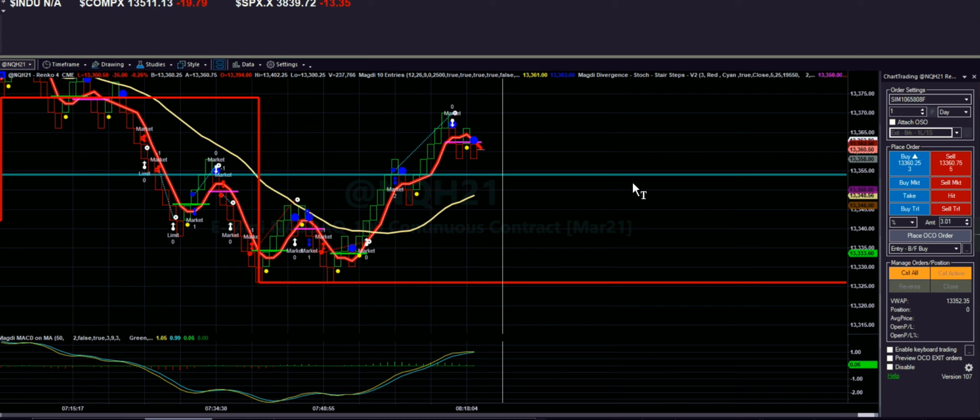You have to get in and out when you have more than one indicator telling you it's good to go. Right now, look, a reverse line is being formed. I don't like that.